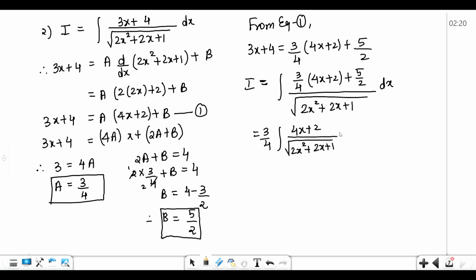We'll take 5 by 2 also outside. That will give you 1 upon square root of 2x square plus 2x plus 1 dx. So we'll take this as I1 and another one is I2. Okay, let's move on to the next page.